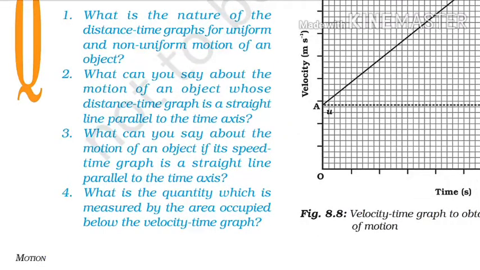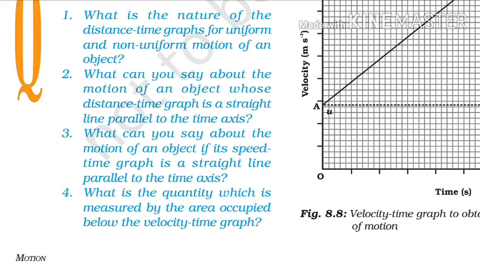What can you say about the motion of an object if its speed-time graph is a straight line parallel to the time axis? Suppose the speed-time graph is constant and a straight line parallel to the time axis.